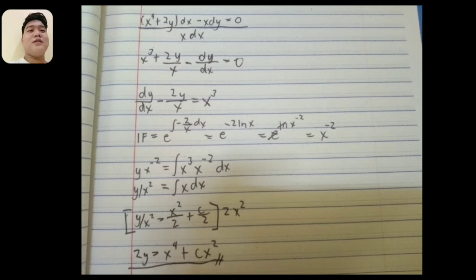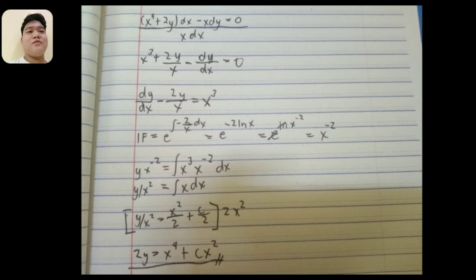So we remove the x from the dy, and divide everything by x dx to make it dy over dx. So x to the power of 4 over x is x cubed, plus 2y over x, with a minus sign. Then the dy over dx terms cancel out.